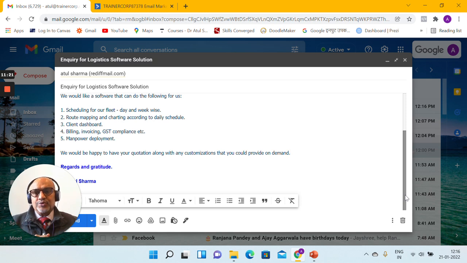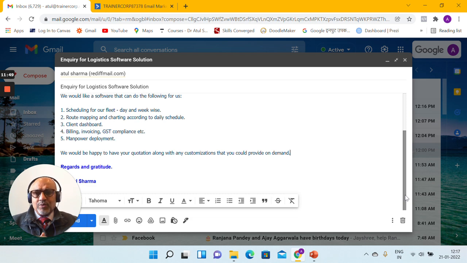That's a standard solution. Now, the standard solution must be according to the needs of the market. But customization is something that we would require. If we have a specific need, they will have to use their developers to create that customization for us.